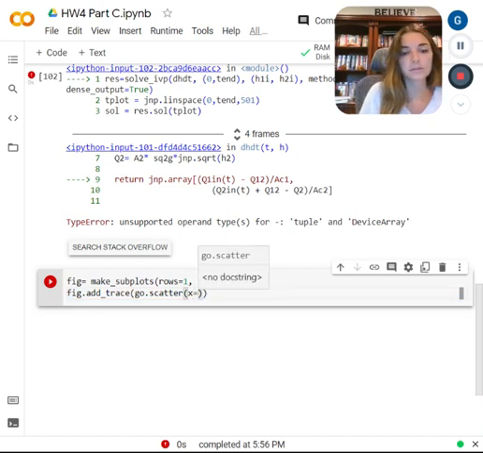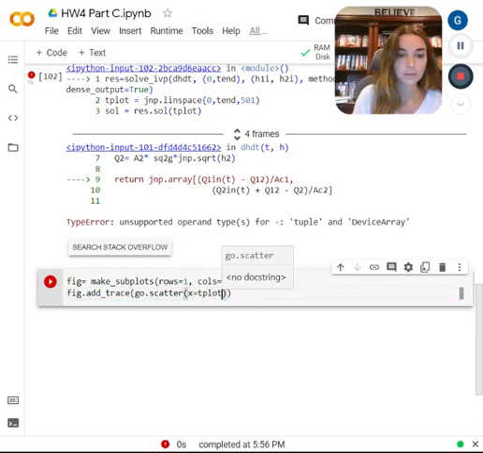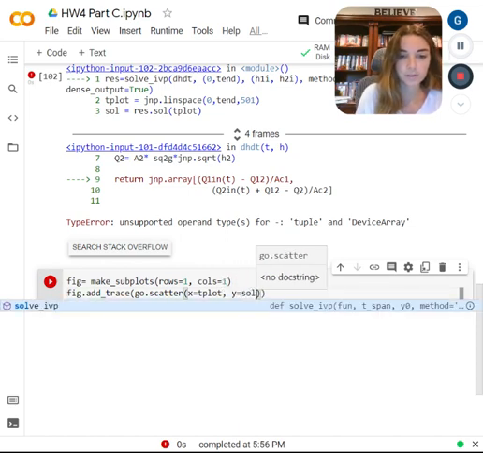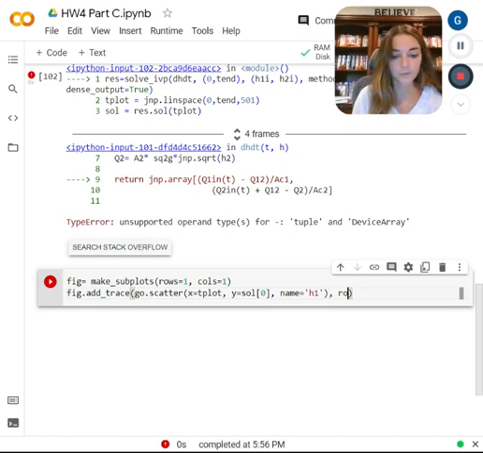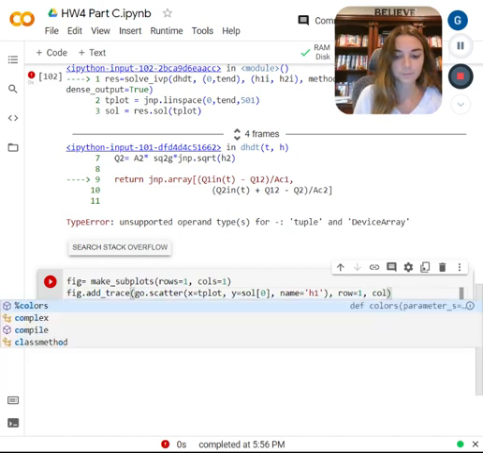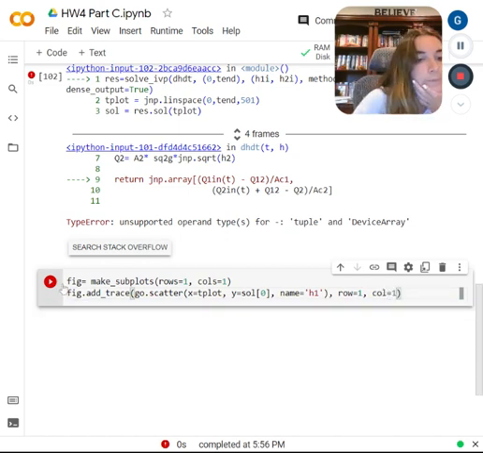Our x-axis is going to show our time plot. Our y-axis is going to show, hopefully, because our stored functions have an error, but we're going to see how that works. I'm going to name it, this is for our heights, I think 1. For row 1 in column 1. Okay.